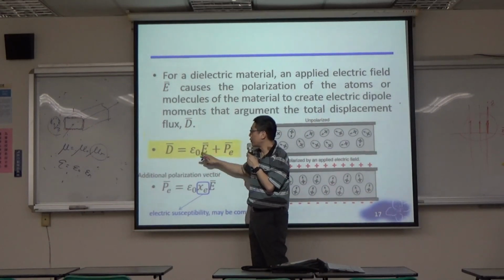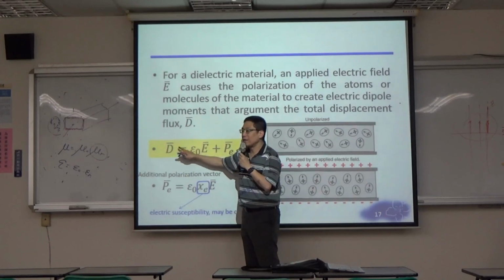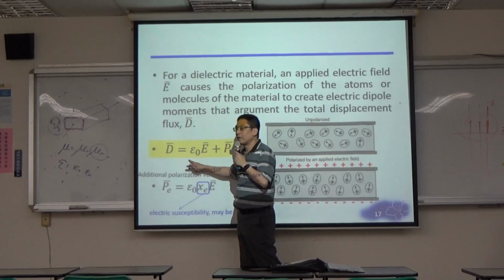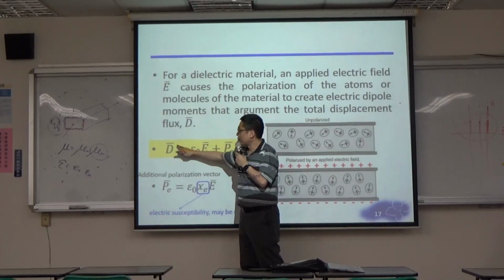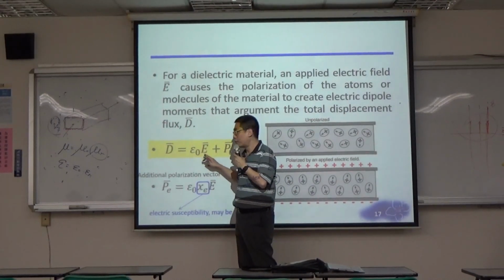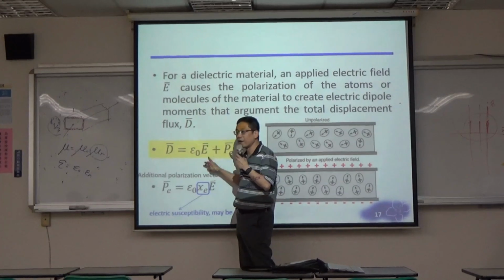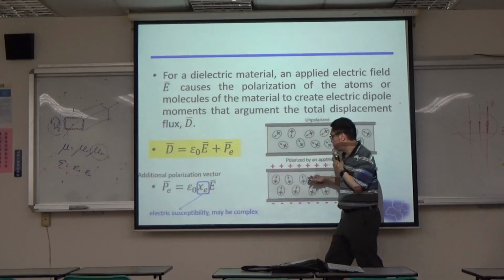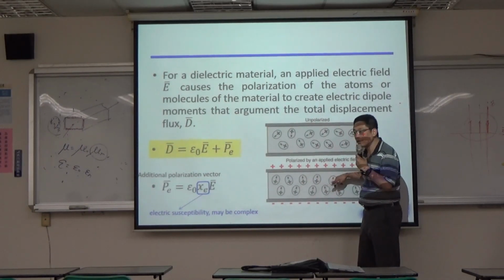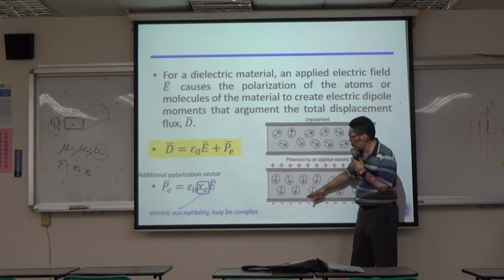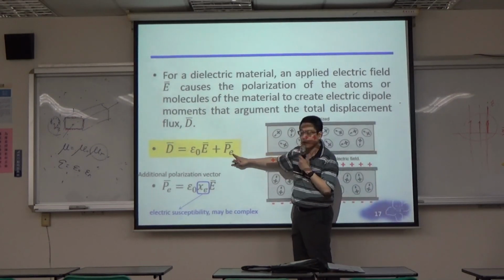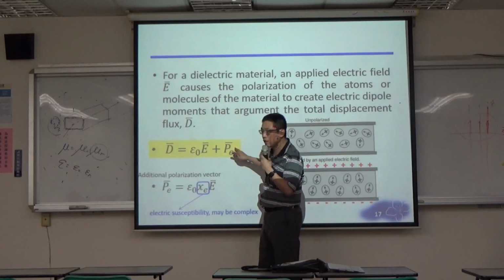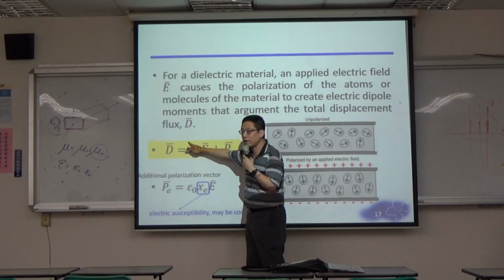This part is the contribution from the air to the electric flux density, and the extra term P_E comes from the polarization of the dipoles. So your D equals epsilon 0 E plus P_E. This is extra, this is air.